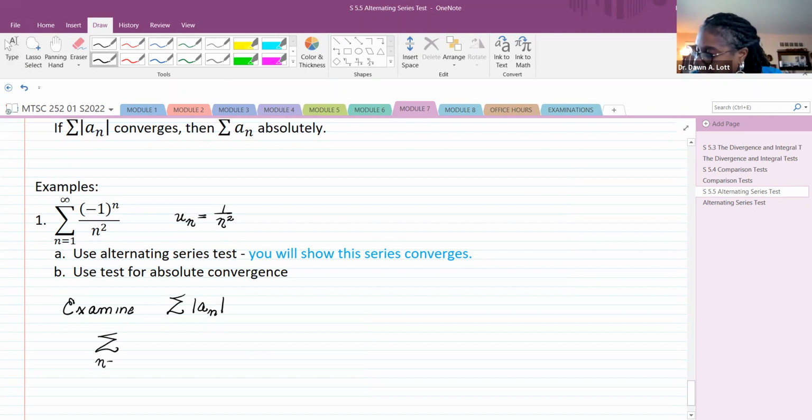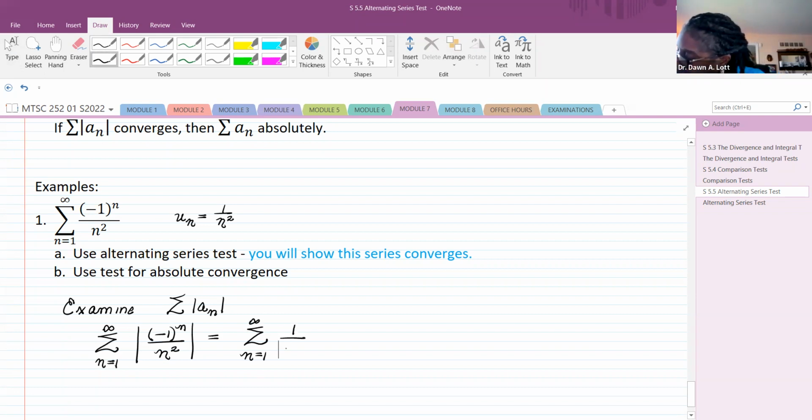That's the summation n equals 1 to infinity of the absolute value of minus 1 to the n over n squared. When I take absolute values, I just get 1 over n squared. Now, what kind of series is that?